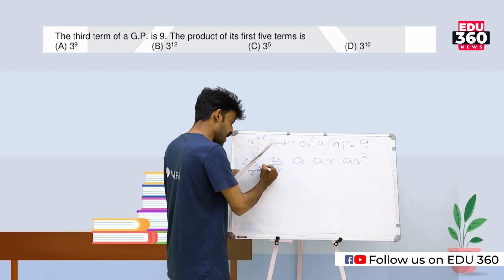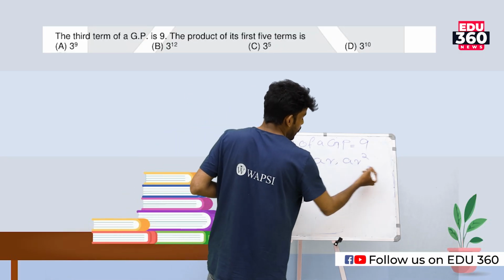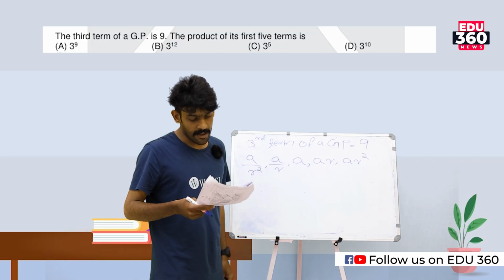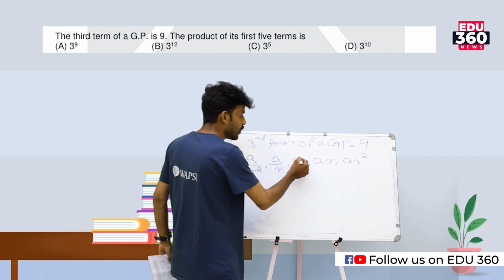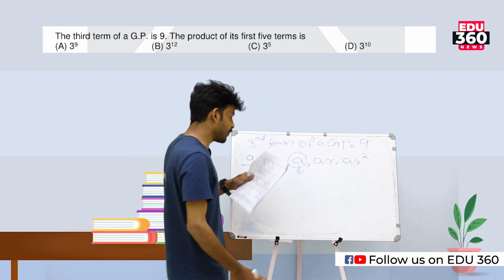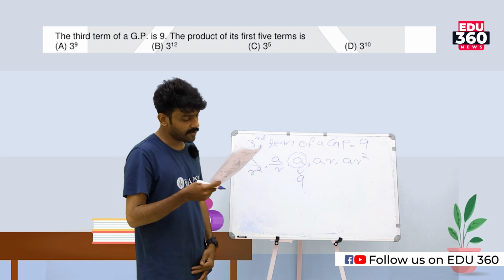So the terms in the GP are A by R square, A by R, A, AR and AR square. It's given that the third term of the GP is 9, so A is equal to 9.